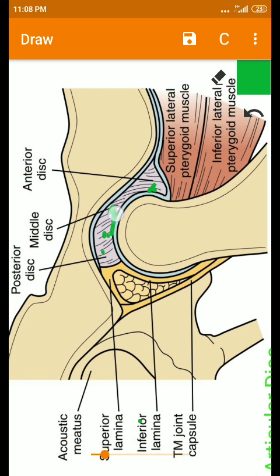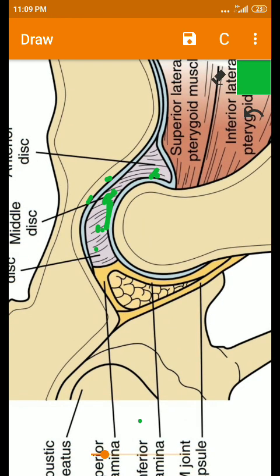The central segment of the disc is avascular, and no nerve supply is present here, and this lack of vascularity and innervation is helpful for the disc to accept more force.